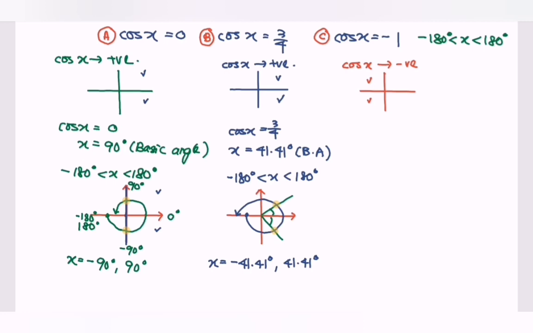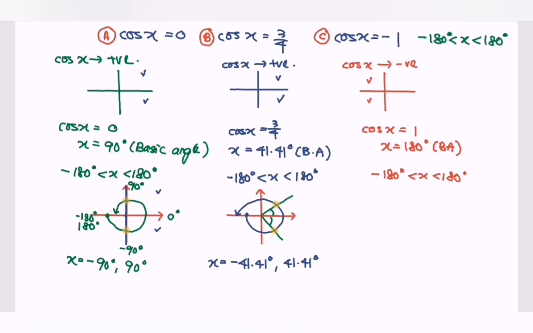Do remember to ignore the negative sign. So the basic angle will be 180 degrees. Third step will be the range. In here, the range is negative 180 degrees until 180 degrees.